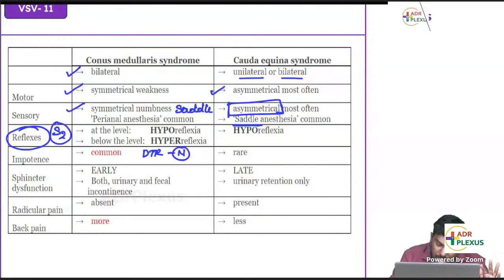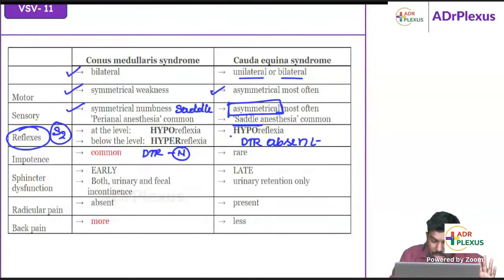In cauda equina, it is going to be an LMN lesion, so DTR will be absent. Since it is UMN plus LMN, at the level of the lesion it is going to be LMN weakness, and below the level of the lesion, it is going to be UMN weakness. So here it is UMN and LMN weakness as a whole.